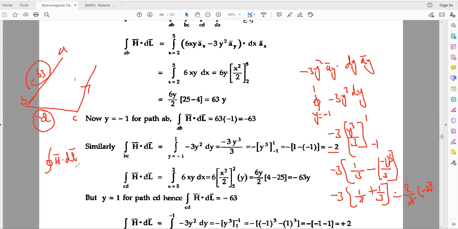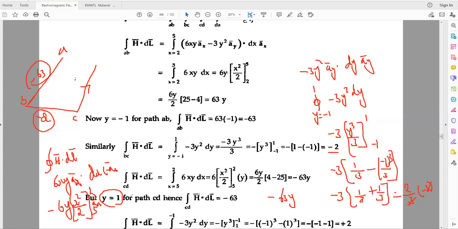H bar has the x value only, so 6xy a_x bar dot dx into minus a_x bar. The a_x bar dot a_x bar is equal to 1, and for 6y we take x square by 2, with upper limit 5 and lower limit 2, giving 63y. Because of the minus a_x bar, we substitute y is equal to 1.